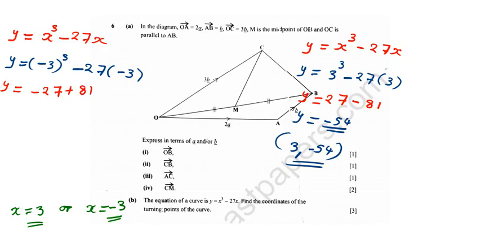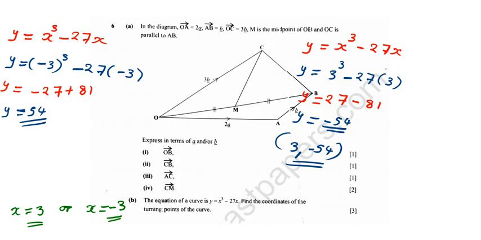So I can now add, and y is equal to negative 27 plus 81. So my answer is 54. So that's my answer here.